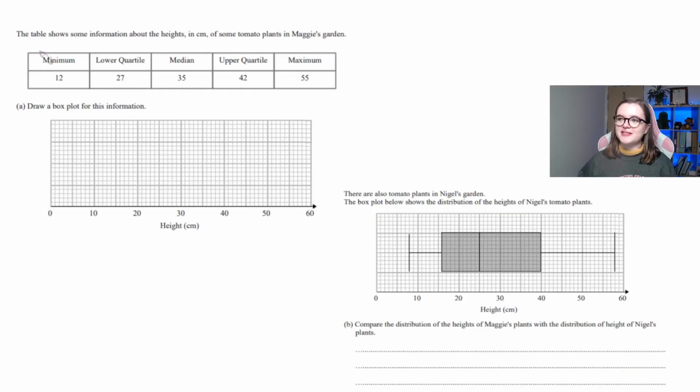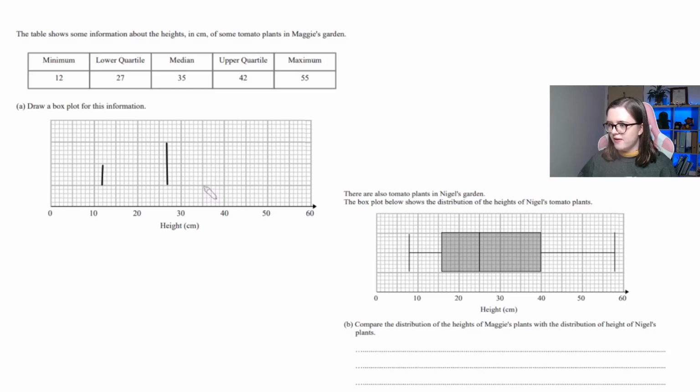Question 2 then. The table shows some information about the heights in centimetres of some tomato plants in Maggie's garden. We've got minimum, lower quartile, median, upper quartile and maximum, and we draw a box plot for this information. So again, putting all these down. Minimum is 12, which is there. Lower quartile, 27, which is there.